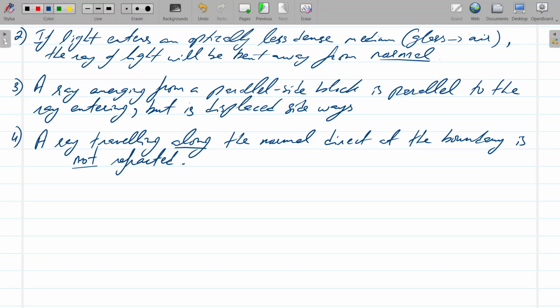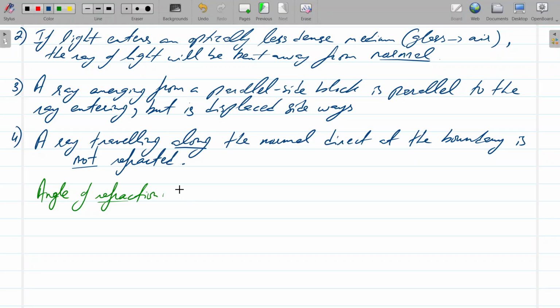Okay, next up, what we want to talk about is refractive index. So yeah, angle of refraction. The angle of refraction is the angle between the refracted ray and the normal to a surface.